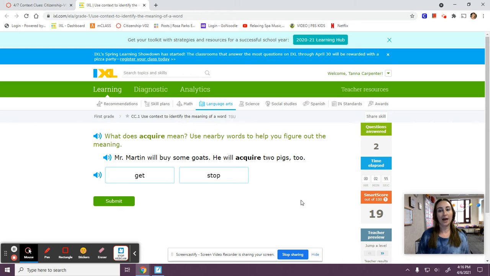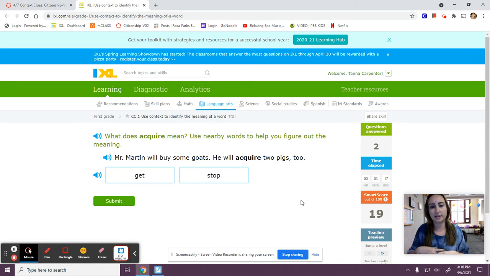Mr. Martin will buy some goats. He will acquire 2 pigs too. So I know that whatever he's doing with the goats, he's also going to do with his pigs. So now I'm using a synonym. My context clues aren't an opposite. It's not necessarily the other words in the sentence or an explanation. I've actually got a pretty good synonym in this sentence.